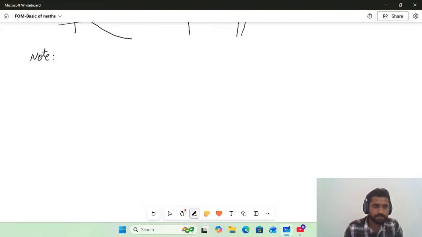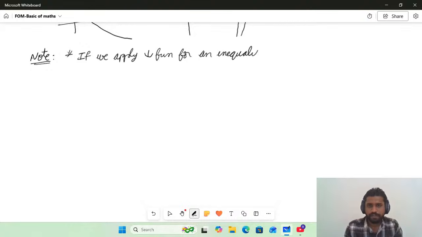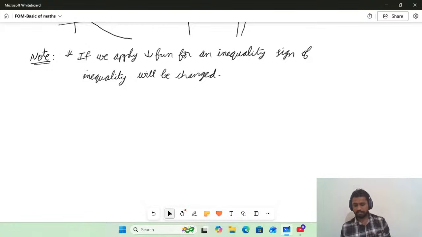If we apply a decreasing function to an inequality, the sign of the inequality will be changed.